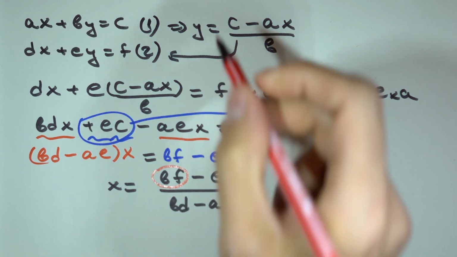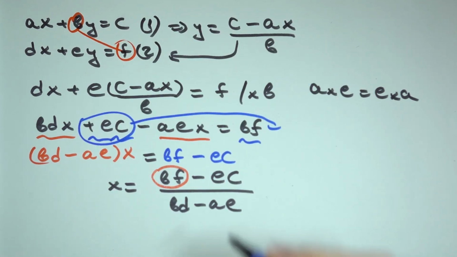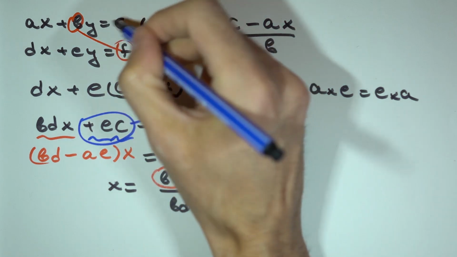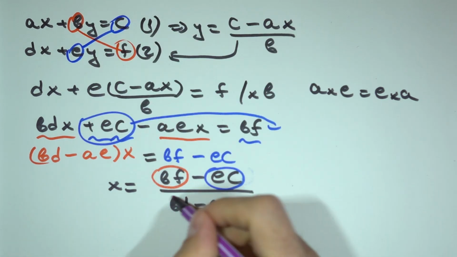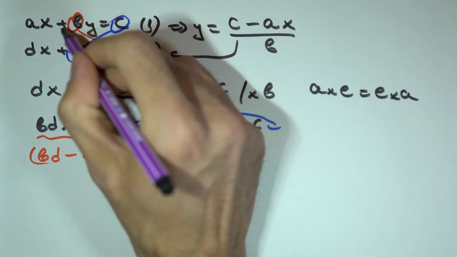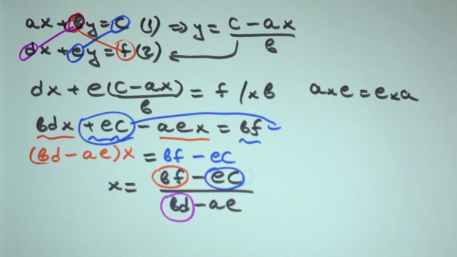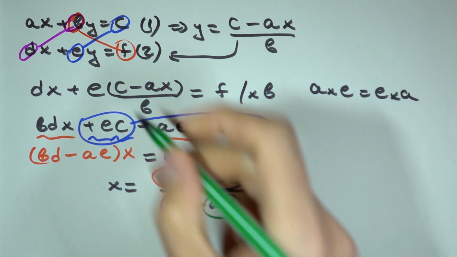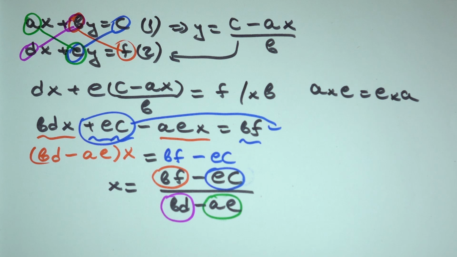B times f is this times this. E times c is this times this. B times d is this times this. And finally, a times e is this times this. And this is our formula.